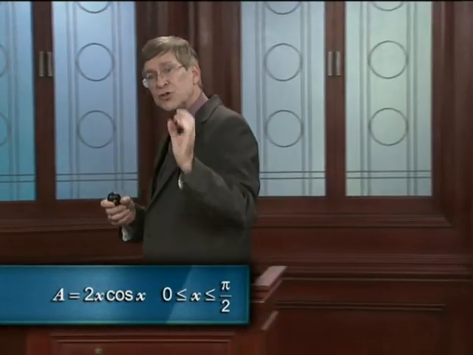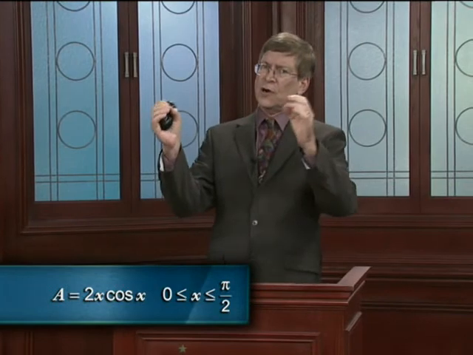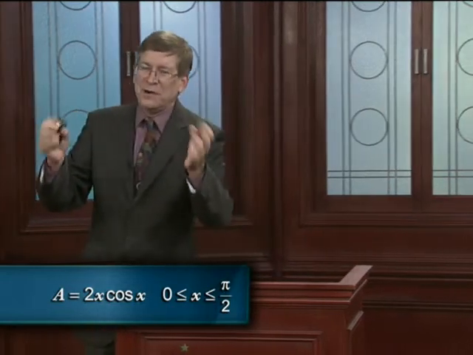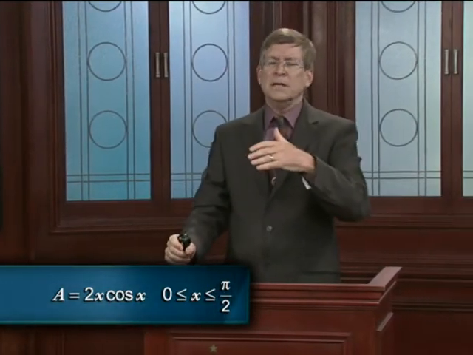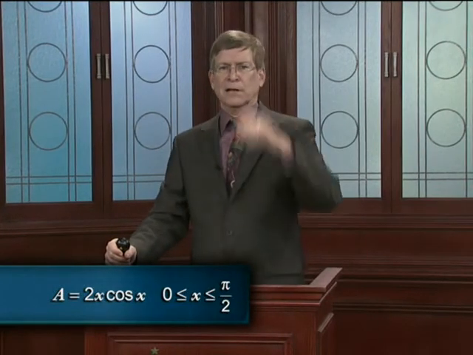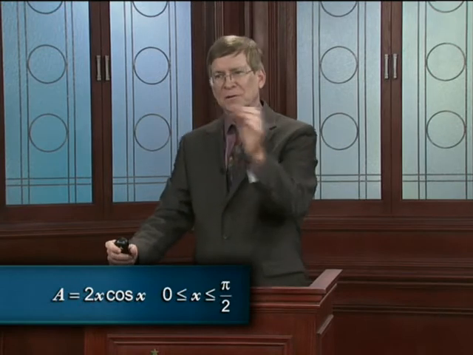So the area is 2x cosine x, and there's a domain here. X starts at 0 and ends at pi over 2. Clearly, if x is 0 or if x is pi over 2, you have a pretty bad rectangle. In fact, you have a rectangle with no height or a rectangle with no width. But x is somewhere in between those numbers.